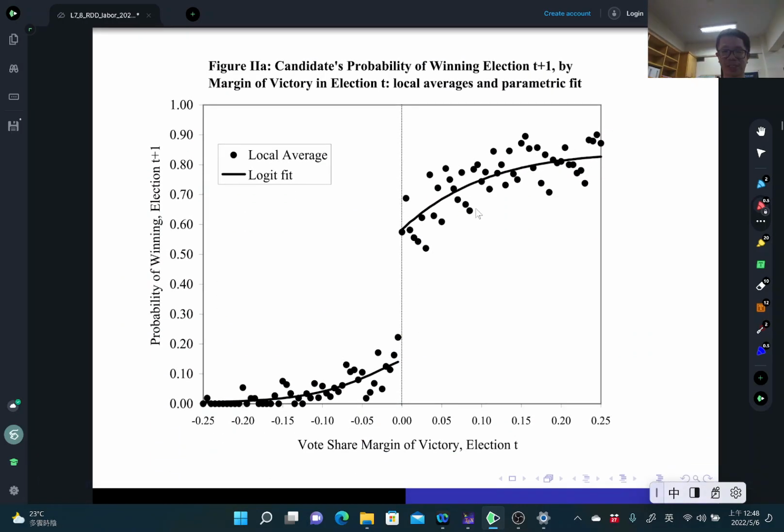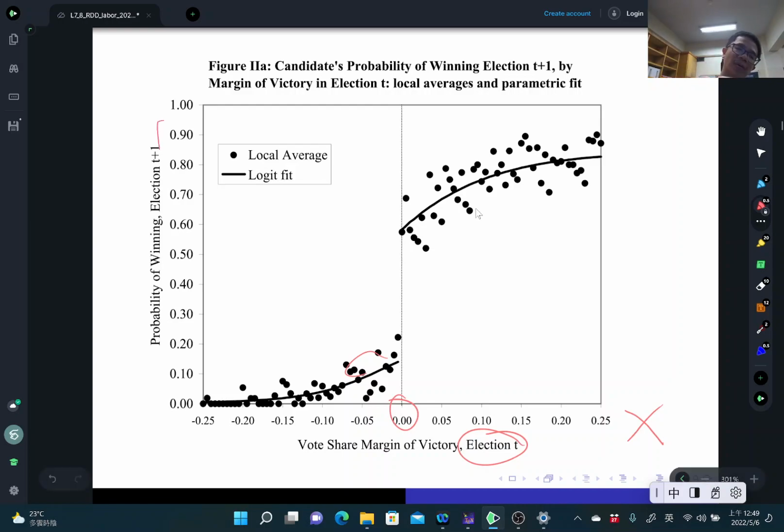So that's their result. Their horizontal axis is the vote share last time. So 0 means they recentered to the winning vote share, for example, 50%. If you are just above the 50%, basically you are incumbent, and just below, the candidate actually lost last time.